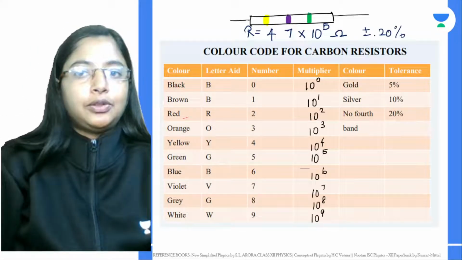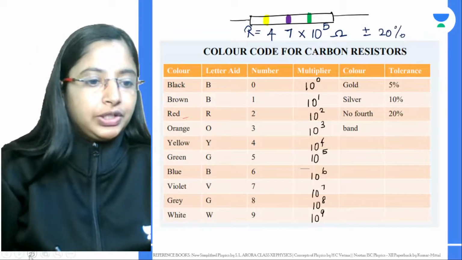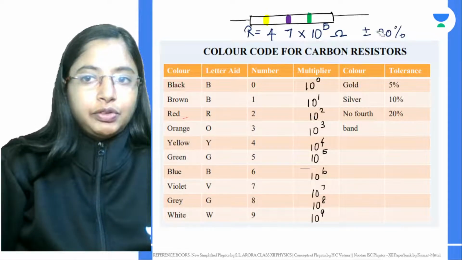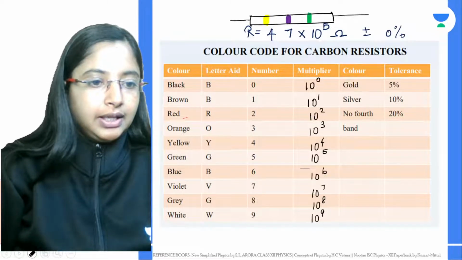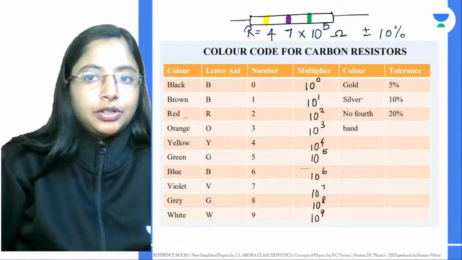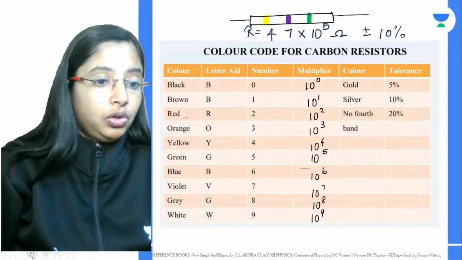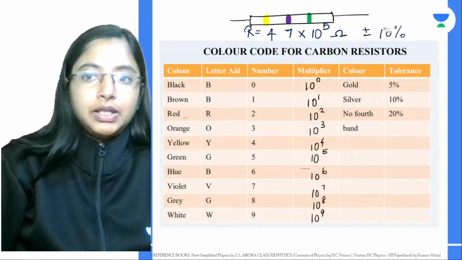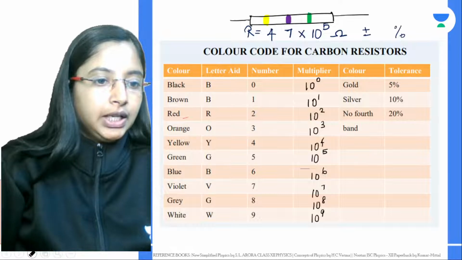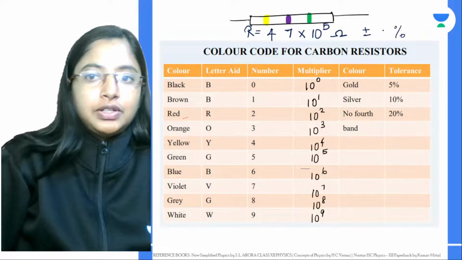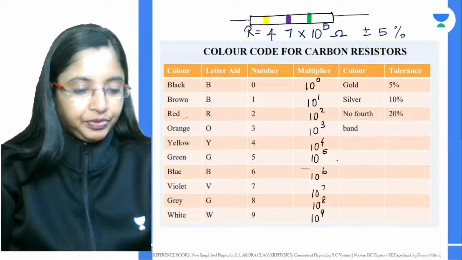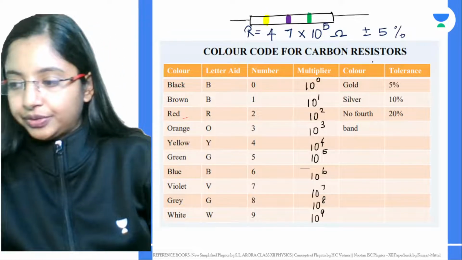That is the resistor value. In case it was silver coated, then the tolerance level will be 10%. In case it was gold coated, this makes the accuracy very good, as the resistor is just off by 5%, or the tolerance is just 5%.